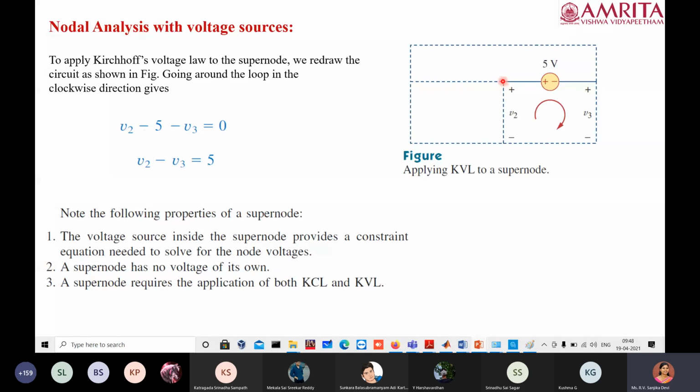It is always with respect to a reference point. If we have a 10 volt source, it means that at one point it is positive and at the other point it is negative. Same thing is applicable for the nodal voltages also. If you are considering a voltage at this point and we call it V2, it means that with respect to the ground, it is V2. And here the ground is the bottommost point. So that's why we write the polarity to be plus minus.